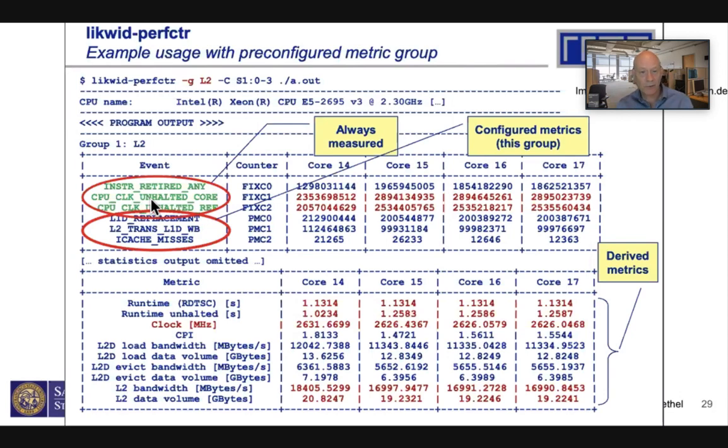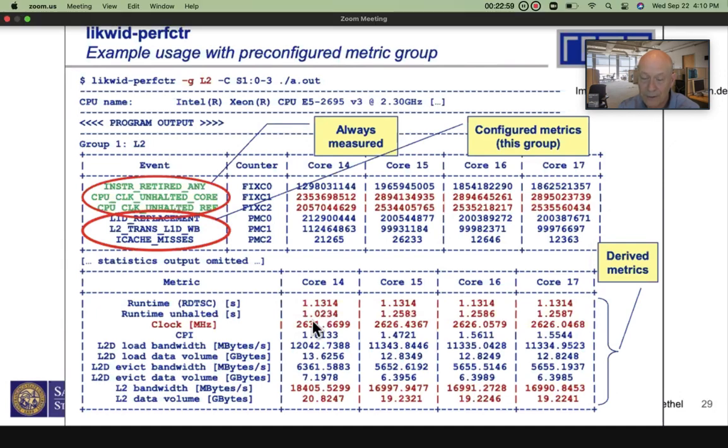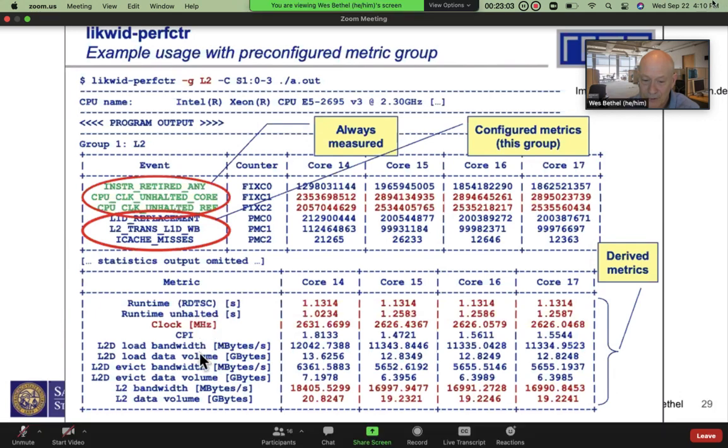This is actually an important thing to keep in mind. In parts of this output, you see raw hardware counter data. That's the stuff up here. And down below, you're seeing derived values, numbers that are derived from the hardware performance counters themselves. There's a ton of information that you have to look up to see how these things are computed.